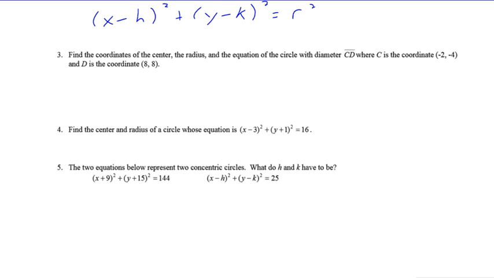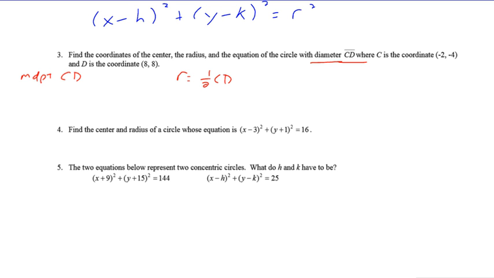So we need the center, the radius, and the equation of the circle. We have the 2 points of the diameter. So we need to find the center, which is going to be the midpoint of the diameter, and the radius, which is going to be half the length of the diameter.